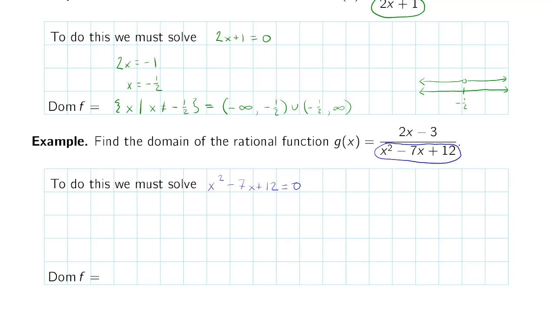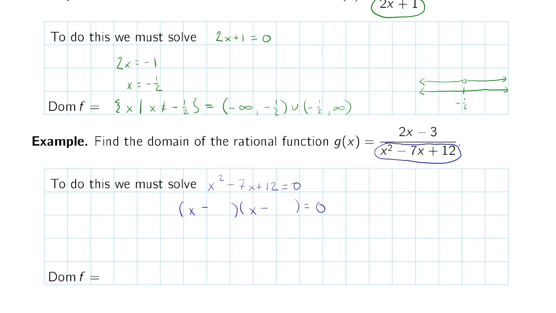Okay, so we have a polynomial equation of degree higher than 1. We need to factor this. Leading coefficient's 1, so we can use the shortcut. We need two numbers that when we multiply them give us positive 12, and when we add them give us negative 7. Those will have to both be negative.